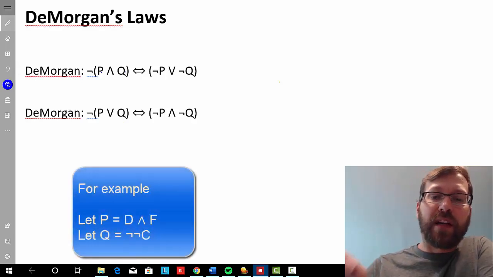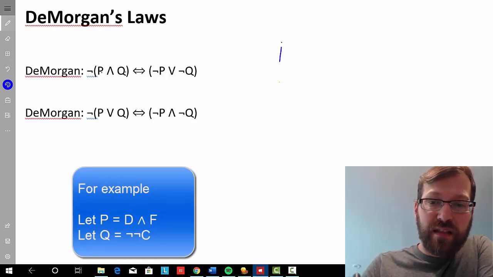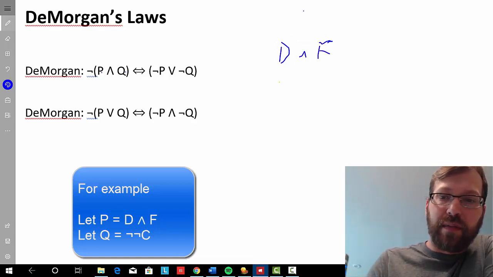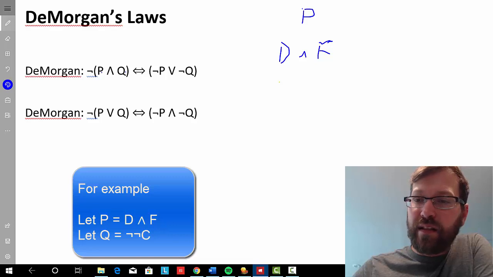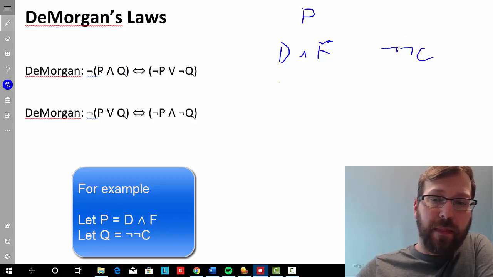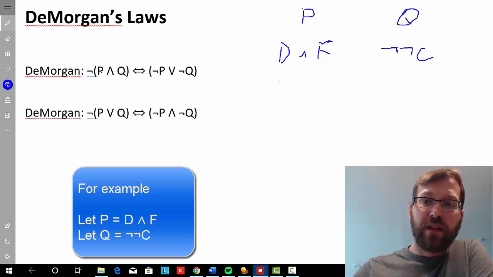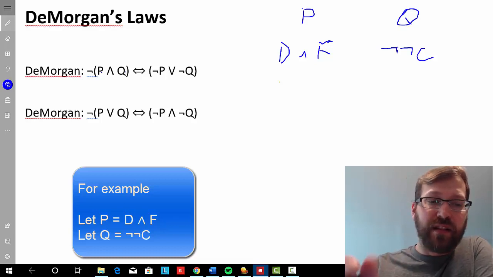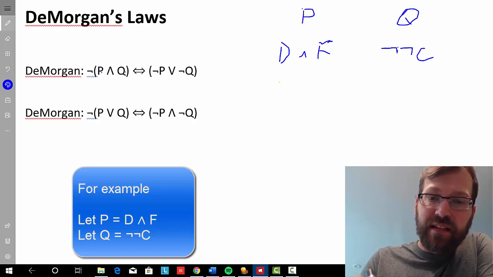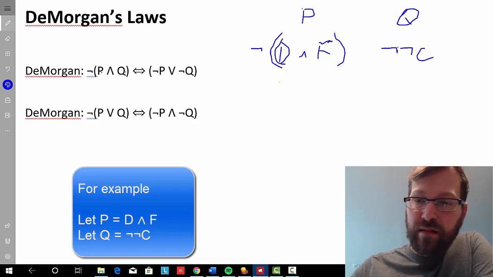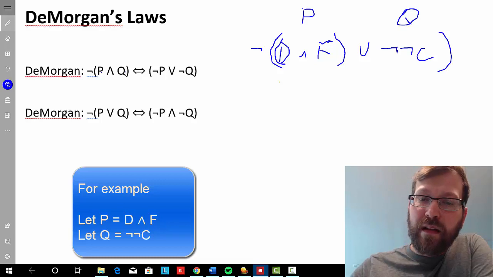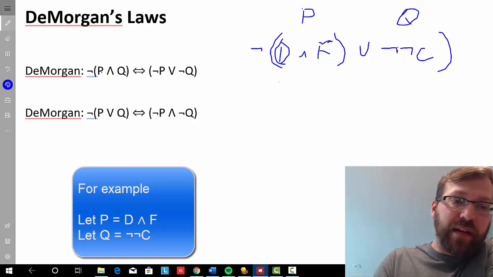So, for instance, if we let P be the sentence D and F, and if we let Q be, say, not the case C, then if we found a case in which we had a sentence such as this, that takes the very same pattern that we have here.